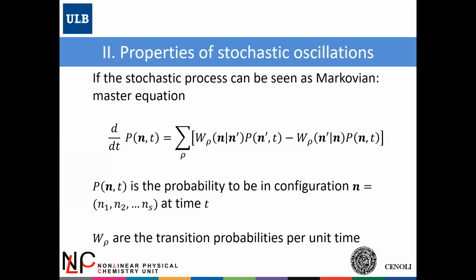And this number of particles can change because of different processes, which are called rho here. So to have the evolution in time of the probability, we sum over all the processes, the probabilities multiplied by the transition probabilities, the probability to change from one state to another. And so this is usually the starting point, but getting analytical results from this equation is often close to impossible.